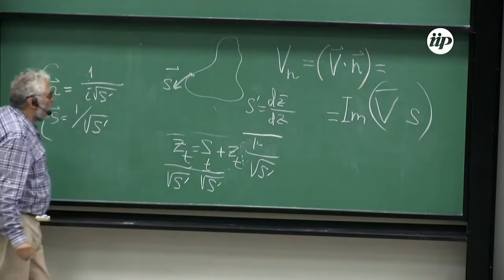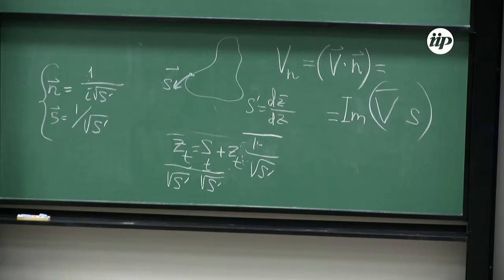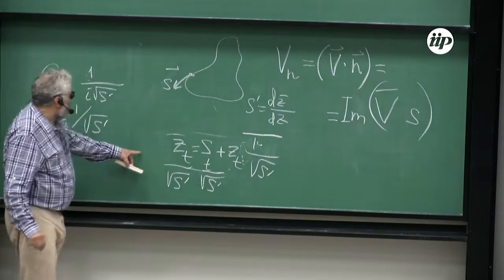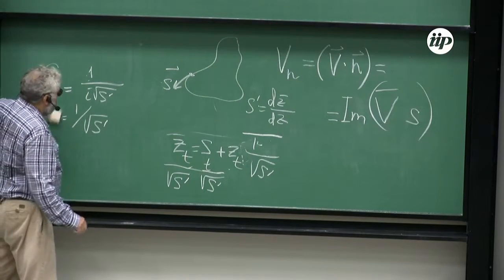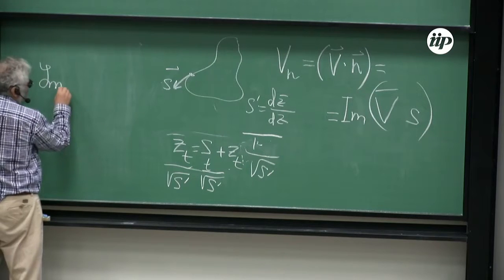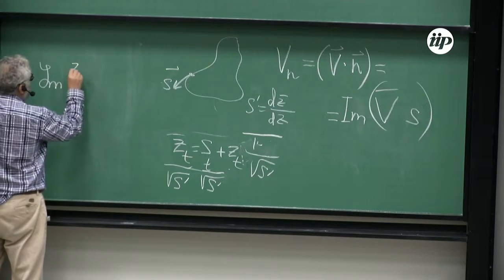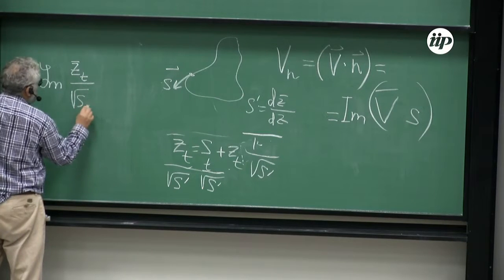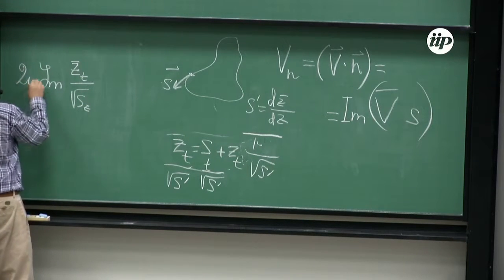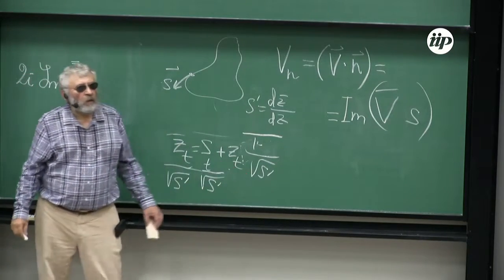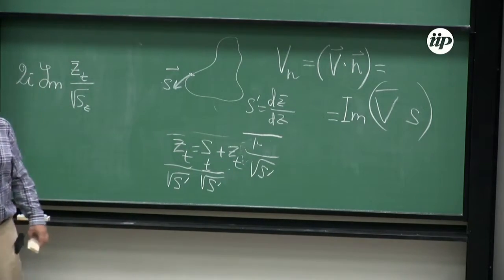Over bar is conjugate. Now, if I transport this guy to the left, I will have the imaginary part of this times 2i, because the left-hand side and this guy are complex conjugate.